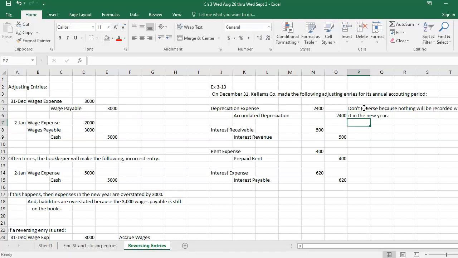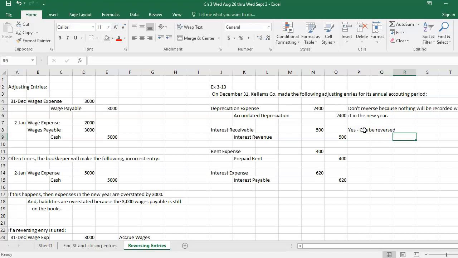Okay, you don't ever reverse depreciation. This one I can reverse. Okay, I'm going to receive that interest in the new year, so I can reverse that one if I want to. So yes, it can be reversed.